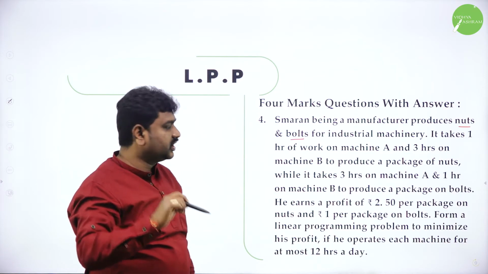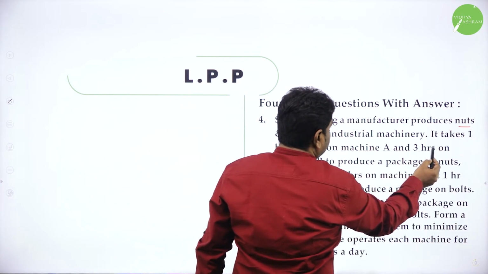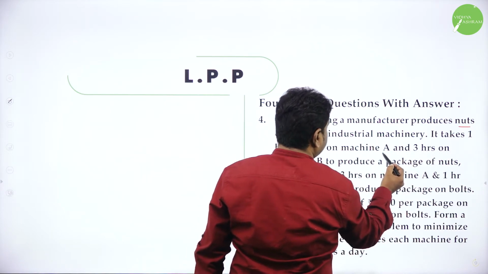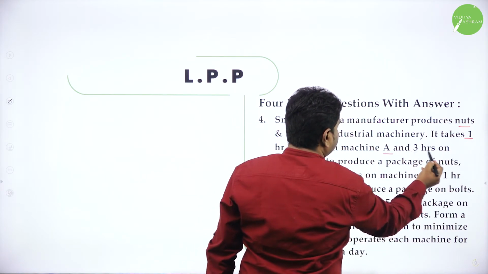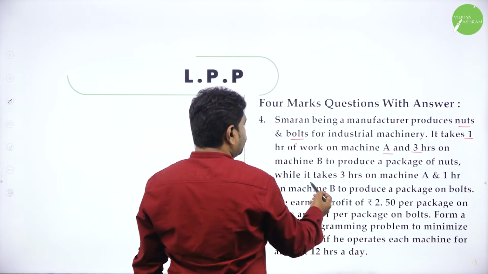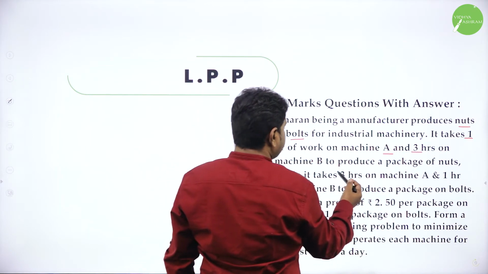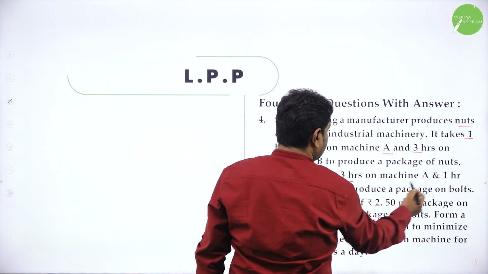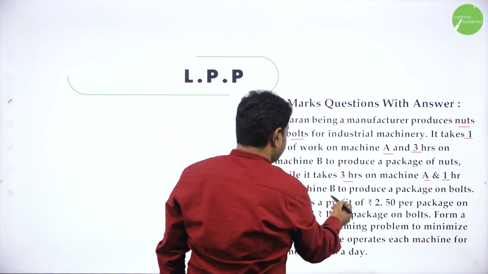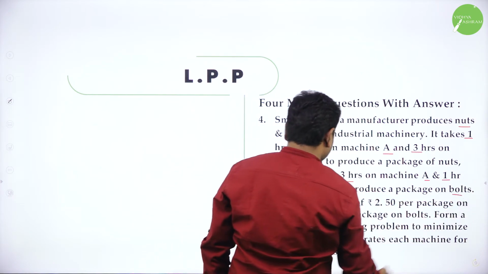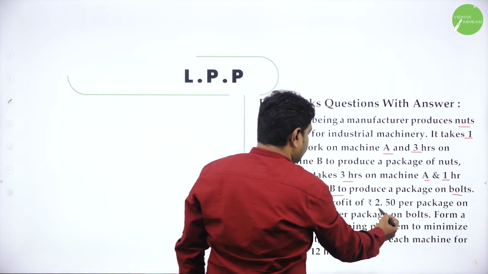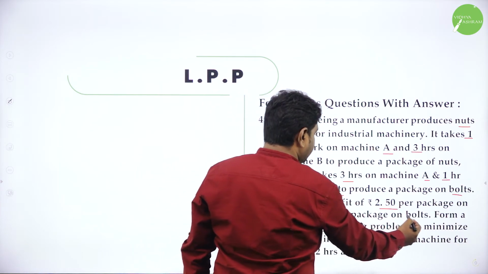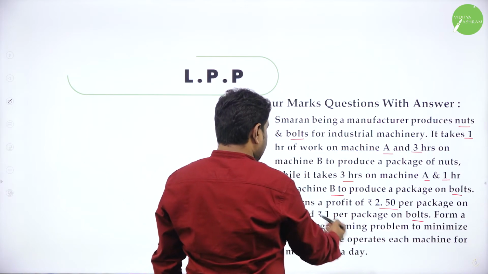It takes 1 hour on machine A and 3 hours on machine B to produce a package of nuts, while it takes 3 hours on machine A and 1 hour on machine B to produce a package of bolts. He earns a profit of rupees 250 per package of nuts and 150 per package of bolts. Form the LPP.